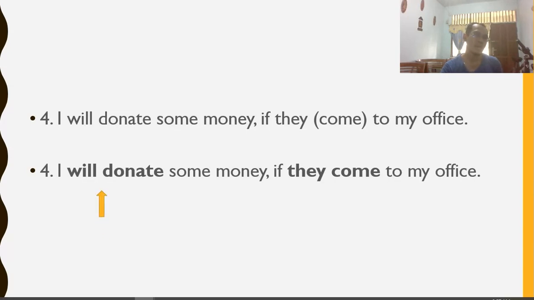So why is the answer like this? We use will donate. This is will plus verb 1, sorry. And the keyword is conditional type 1. In conditional type 1, will plus verb 1 is in the main clause, and the if clause uses verb 1. So come is verb 1.